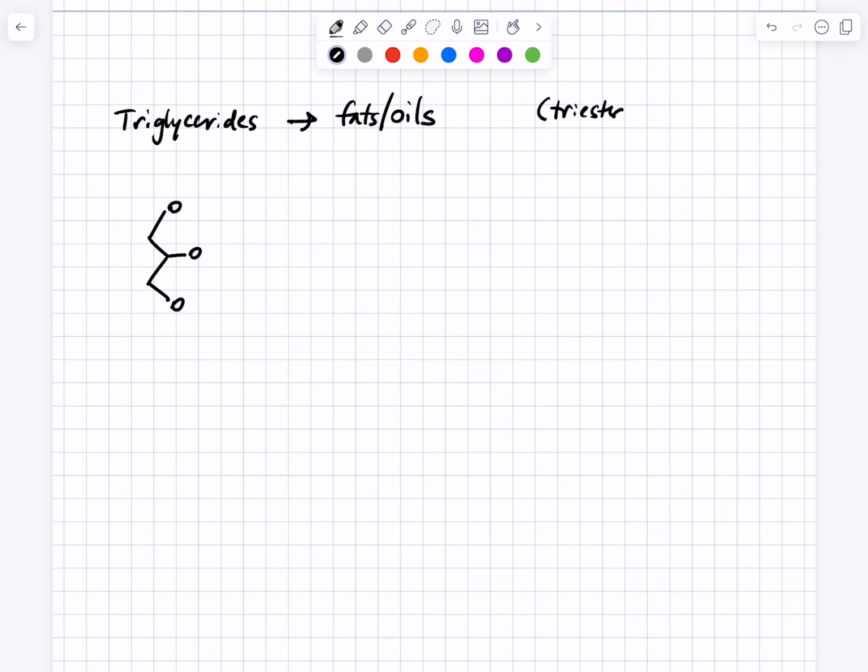And then each of those oxygens is involved in an ester bond with a long chain, what's called a long chain fatty acid. I will just draw one of these. So we'll just draw an 18 carbon chain, 2, 4, 6, 8, 10, 12, 14, 18.